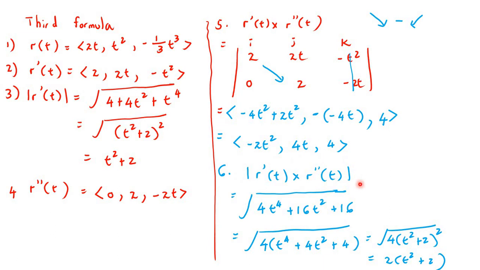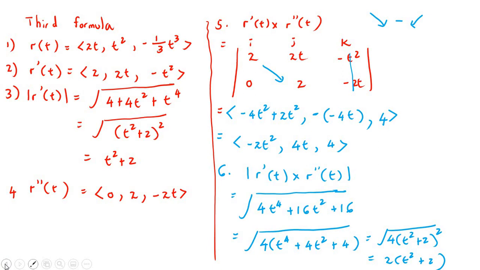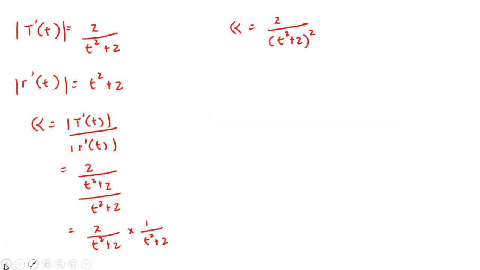You find the magnitude of r prime t cross with r double prime t. Then lastly, the curvature is the magnitude of r prime t cross with r double prime t divided by magnitude r prime t to the power 3. So here we have shown the curvature of vector valued functions using two formulas.